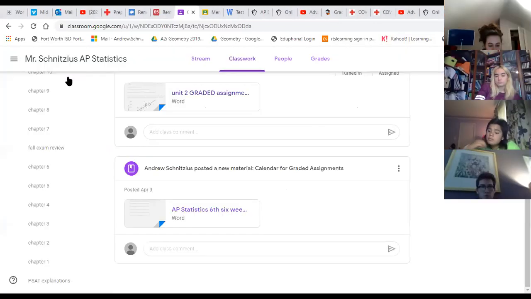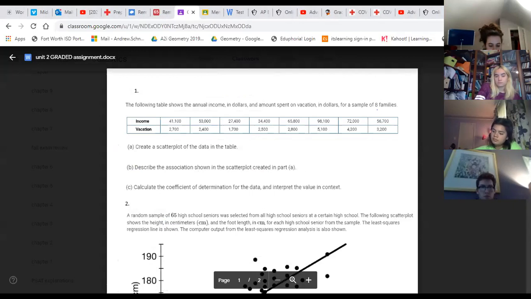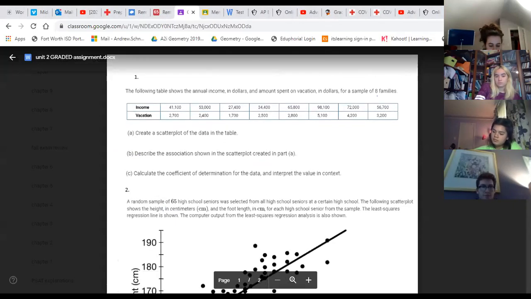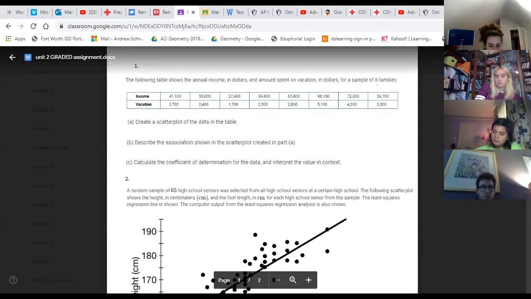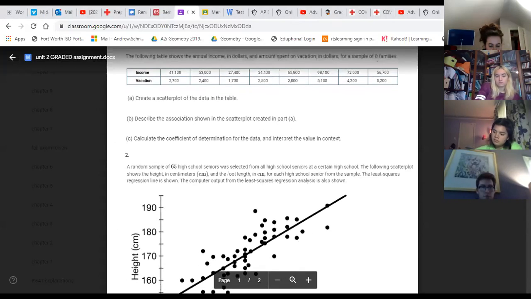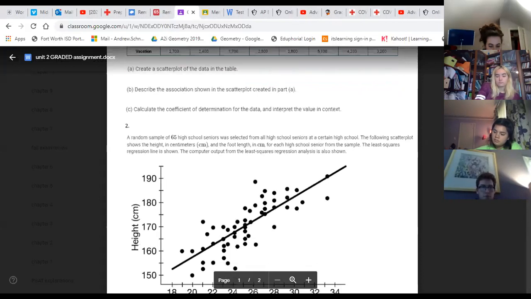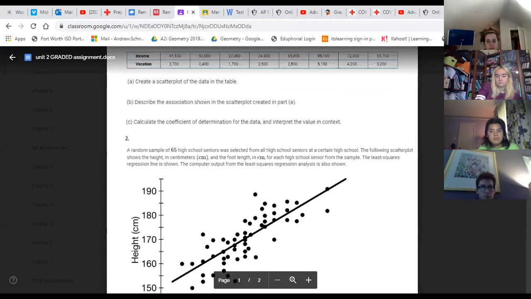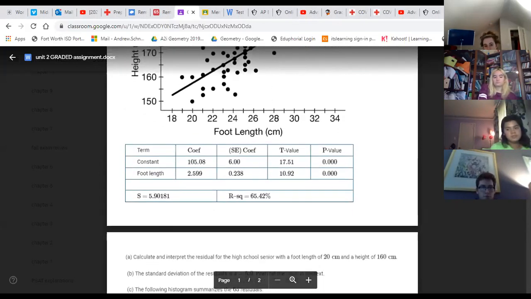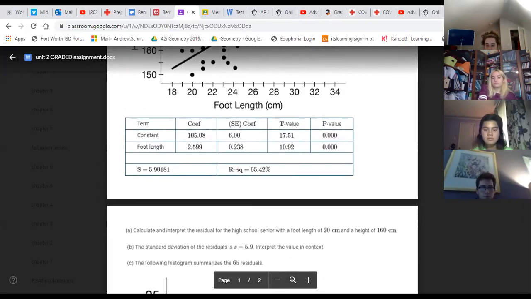So let's look at the actual assignments. Number 1, you've got a scatter plot there, and it's asking you to do 3 different things, A, B, C. Number 2, you've got a scatter plot and some summary statistics there.